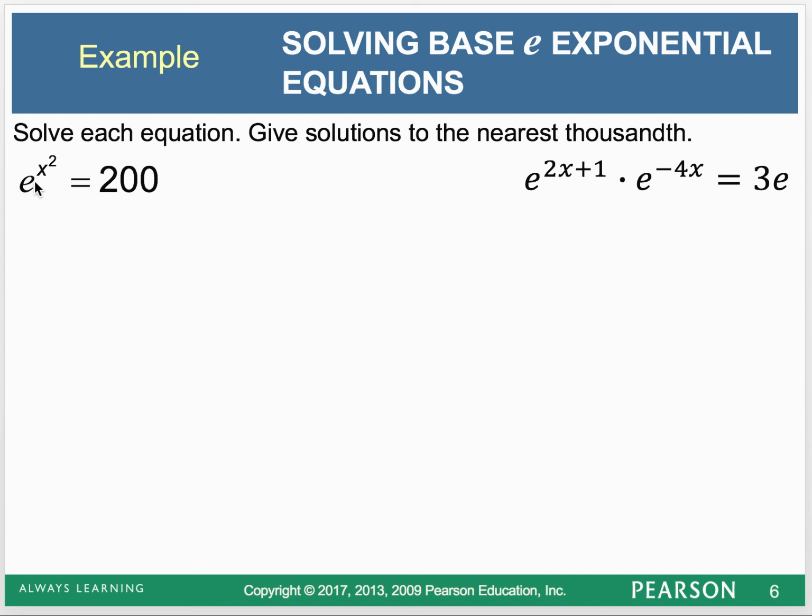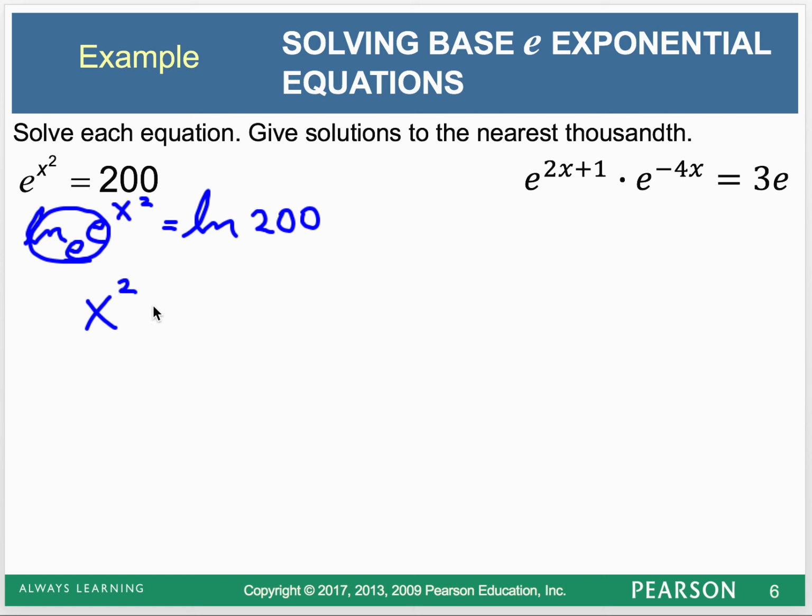So let's see why. If I notice my base is e, even if I like using log with base 10, I'm going to use natural log here. So I'm going to take the natural log of both sides. Because this means my base is e and this is e, right?